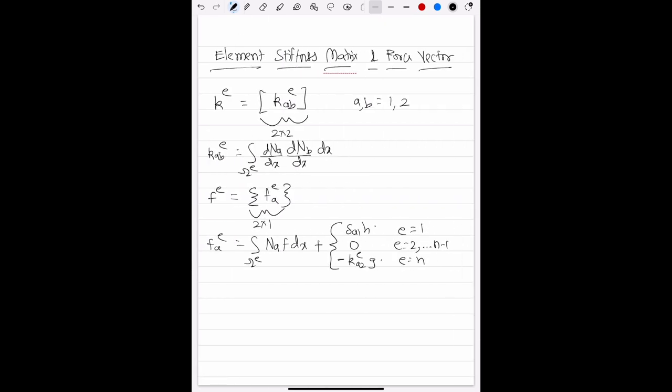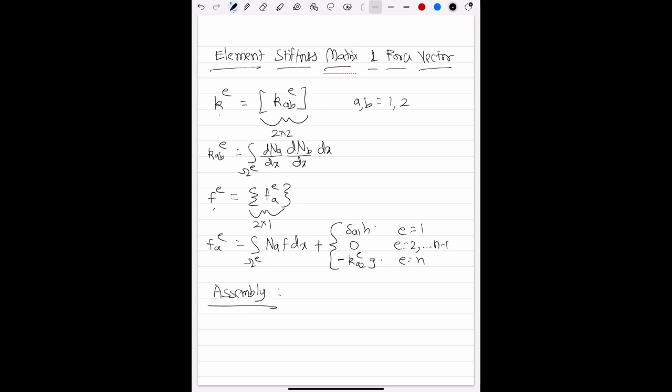So now, once we evaluate the element stiffness matrix small k^e and the element forcing vector small f^e for all elements, how do we then use them to assemble the global stiffness matrix? That's what we are going to discuss right now, the assembly process for the global stiffness matrix and the global force vector.